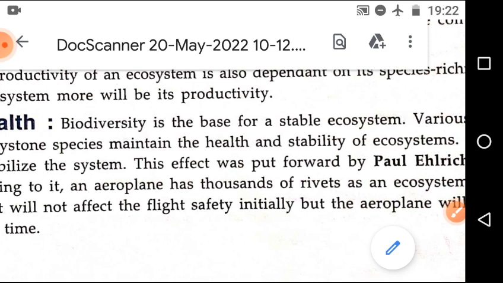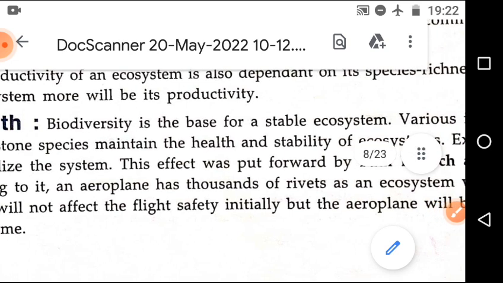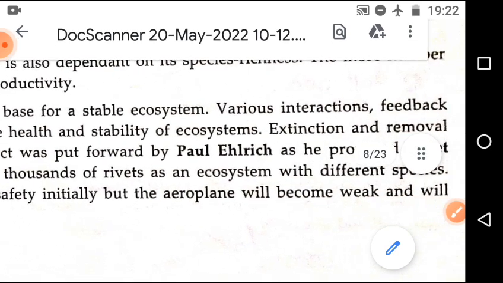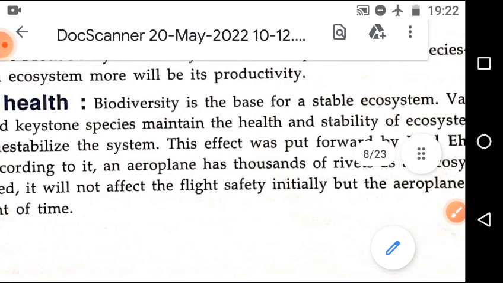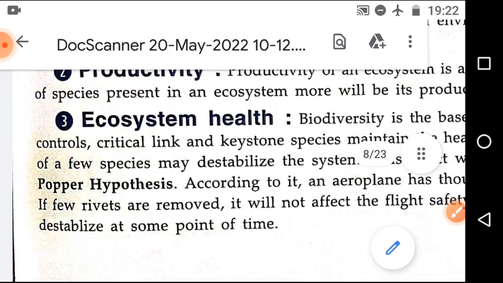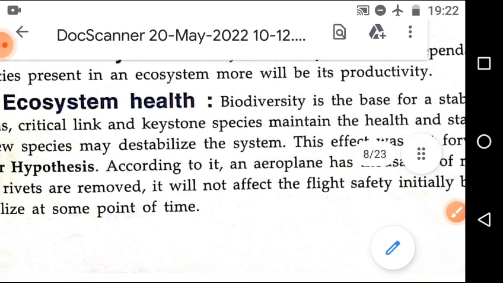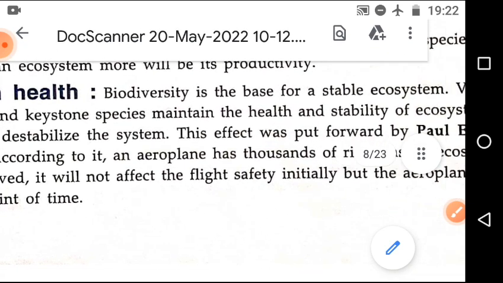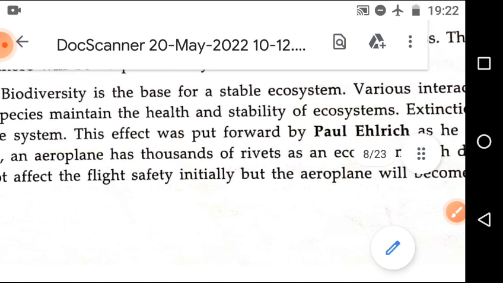To make a stable ecosystem, we have to enrich with animals, plants, and other kingdoms, like the kingdoms of flora, fauna, microorganisms, etc. Various interaction, feedback control, critical link, and keystone species maintain the health and stability of the ecosystem.